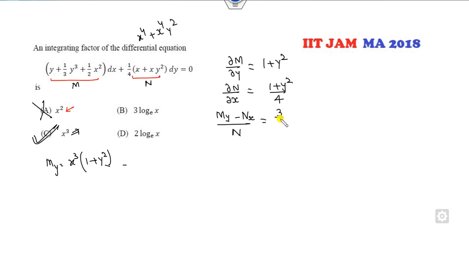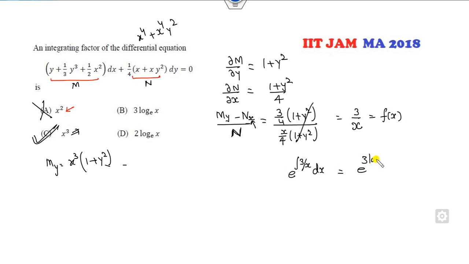If I subtract them, it is 3 over 4 divided by N, so x is common, the remaining part is here, so you can see it's 3 over x, and you can see I have divided by N, it must be of the x form, which is f(x). So what is the integrating factor? The integral of 3 over x dx. What is that? It's 3 log x. So 3 log x I can write as log of x cube, so x cube is my right answer.